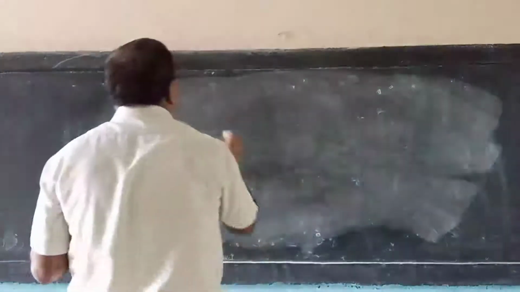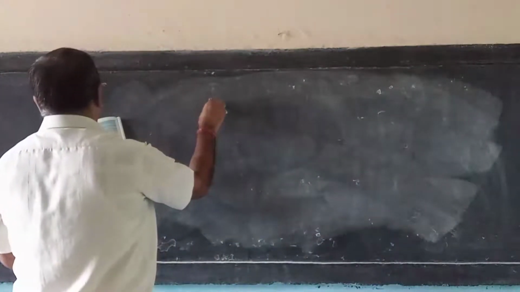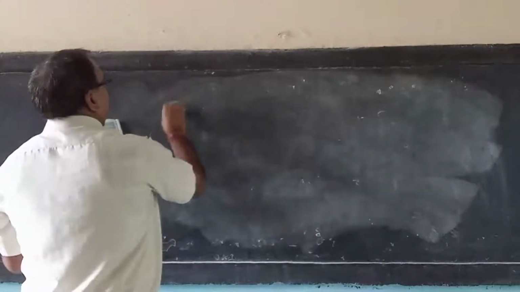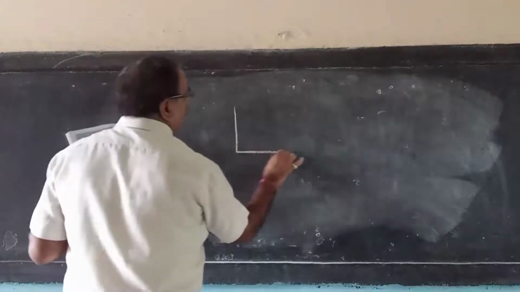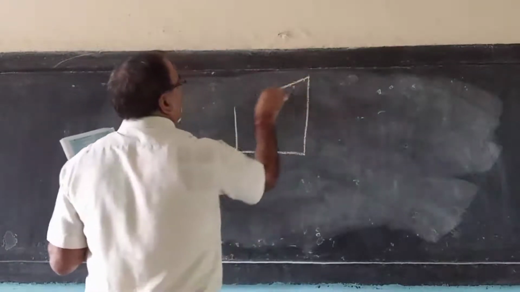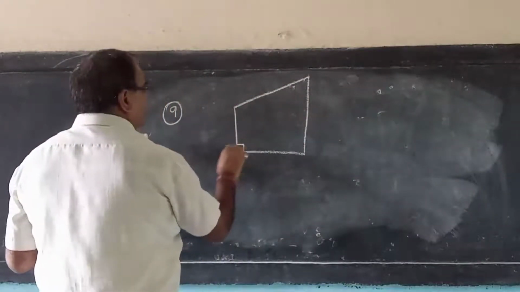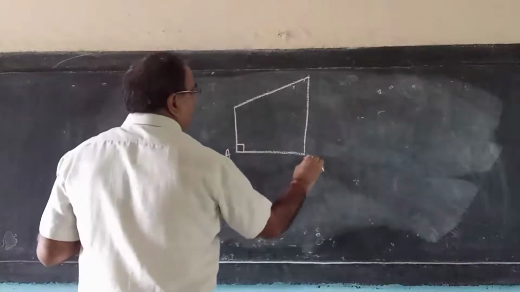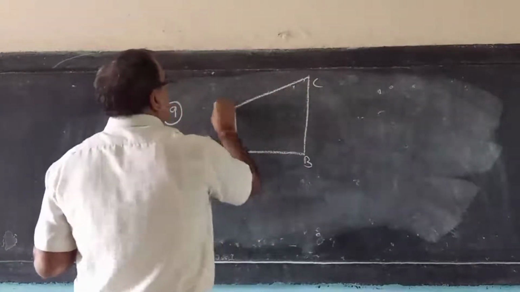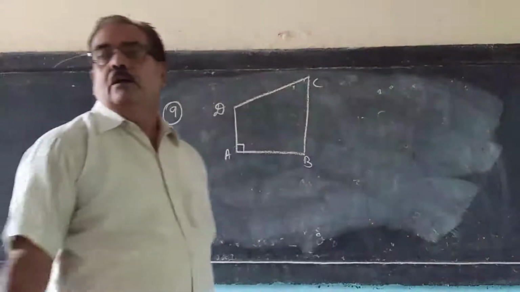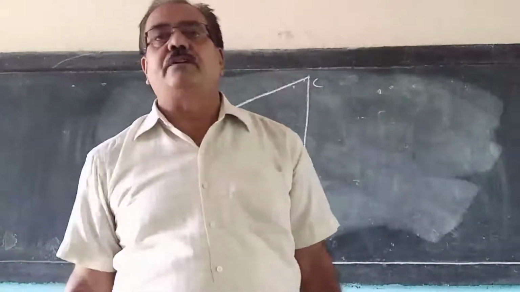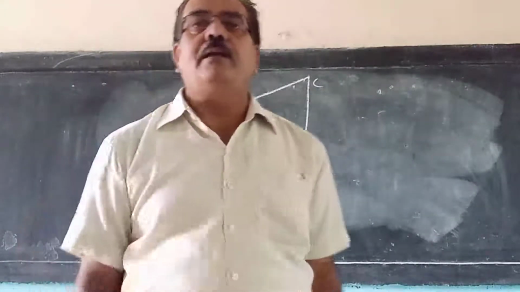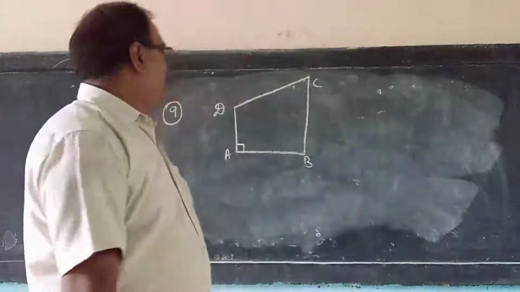Now see, question number 9. ABCD is a given quadrilateral. Quadrilateral means having 4 sides, in which angle A is given 90 degrees.